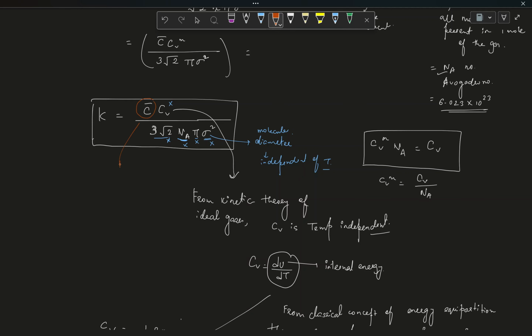This is the average velocity term. I have kept it for last because you can already guess that C bar does have a temperature dependence. In fact, this is the only term in K that has a temperature dependence.